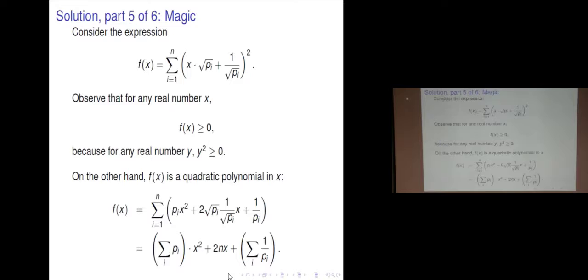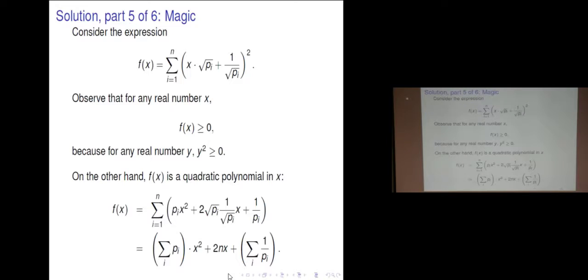Again, you can do it by expanding it, but it's an easy observation. By the same reason, for the last term you get the sum of 1 over pi. So you get this quadratic polynomial. In short, this quadratic polynomial is always non-negative, no matter what x you put in.